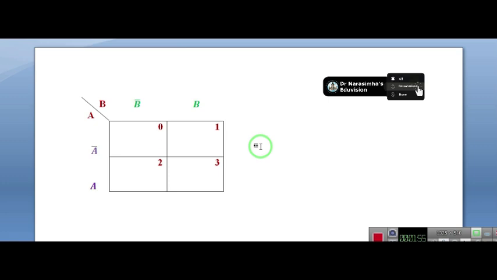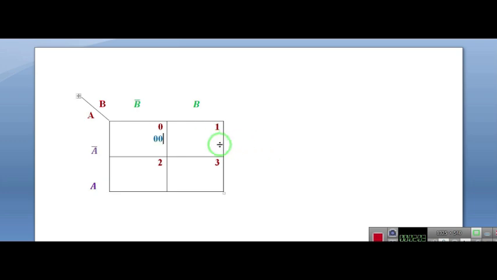So I'm going to write 0 in binary. 0 can be written as 0 0. 1 can be written as 0 1, because I'm going to write the binary equivalent of these numerical values by using two variable positions. So 2 can be written as 1 0.